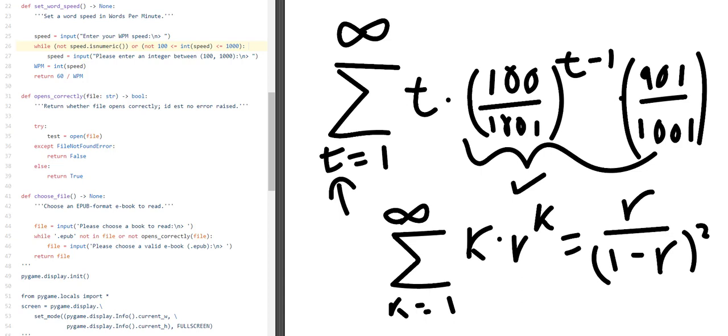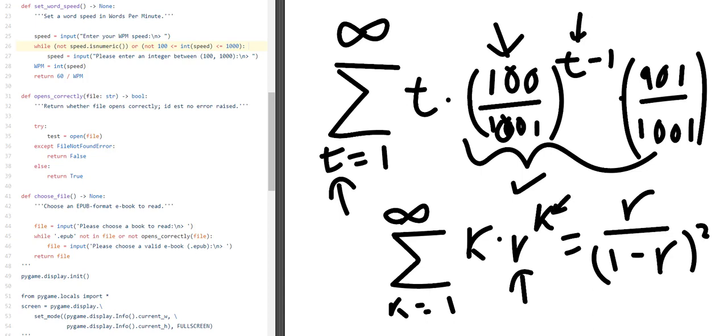This is the formula we'll use, and it works when the absolute value of r is between 0 and 1 exclusive. We see that is precisely the case. 100 over 1001 is clearly between 0 and 1 exclusive, and it is positive, so it is the same as its absolute value.